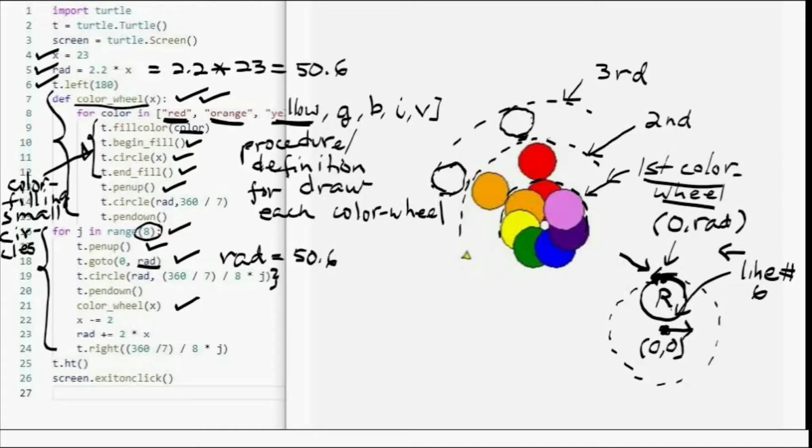I put my pen up, and then I go to the next small circle in the first color wheel. Now, to go to the next circle, I need to make this arc here invisible. That's why I put the statement pen up in statement number 13.